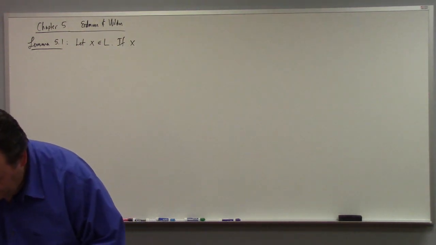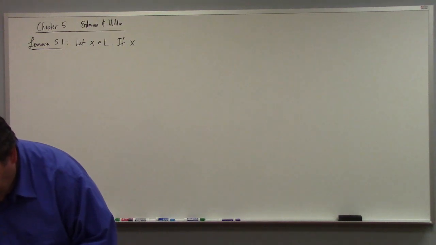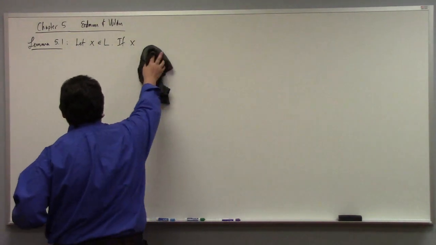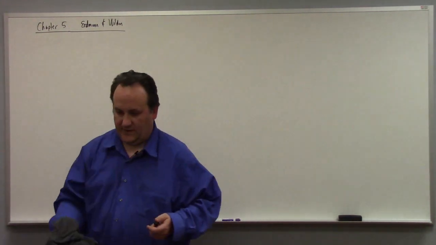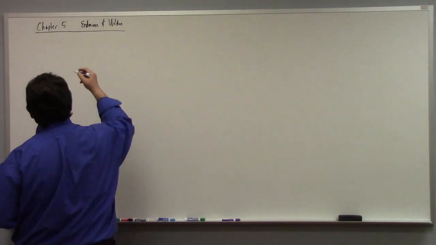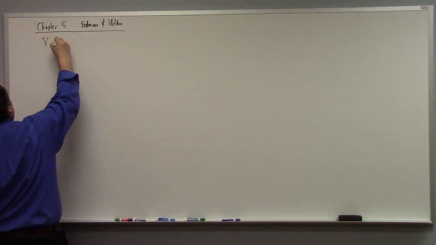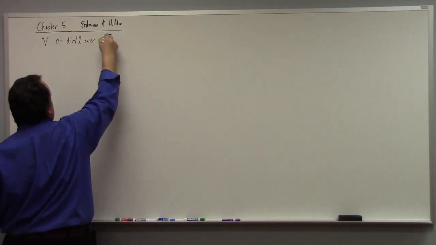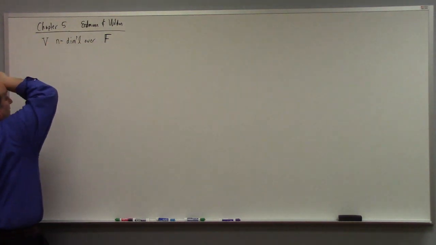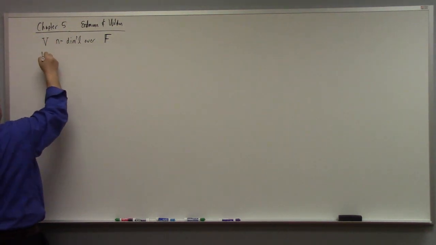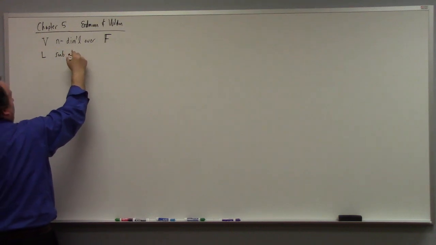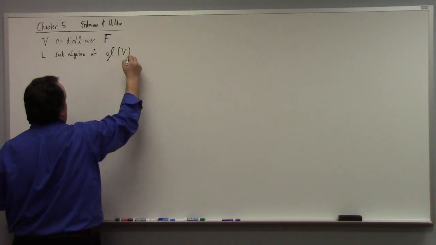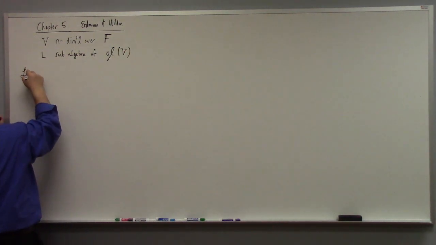Here V is an n-dimensional vector space over the field F, which we'll probably think of as reals or complexes, and we're letting L be a subalgebra of GL(V). That's the context we find this lemma in.